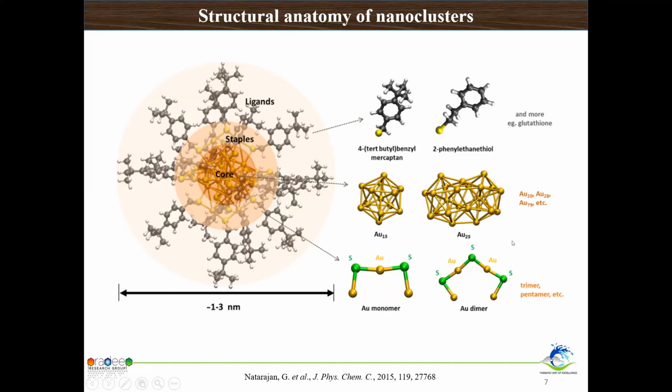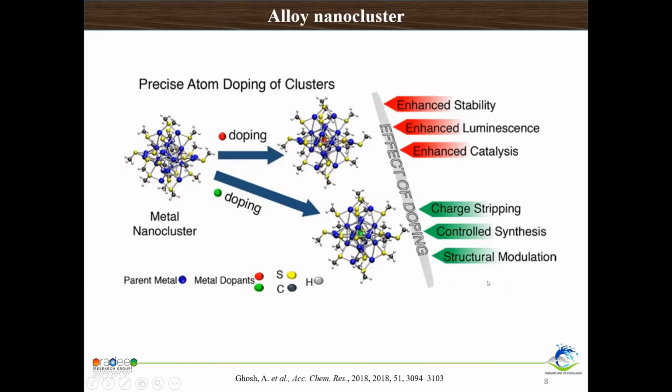In this metal core and metal-ligand staple, if we replace one metal atom with foreign metal atoms to make an alloy, it can affect their structure and properties greatly. Alloying in gold and silver nanoclusters usually shows significant effects on their stability, luminescence properties, catalytic activities, and so on.